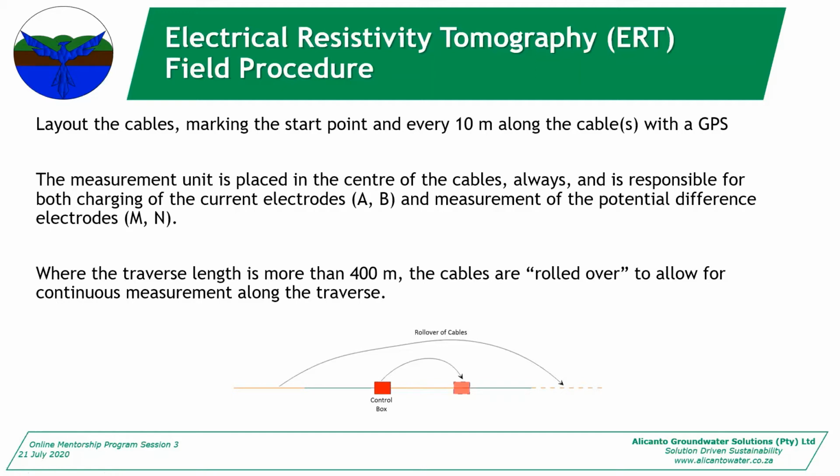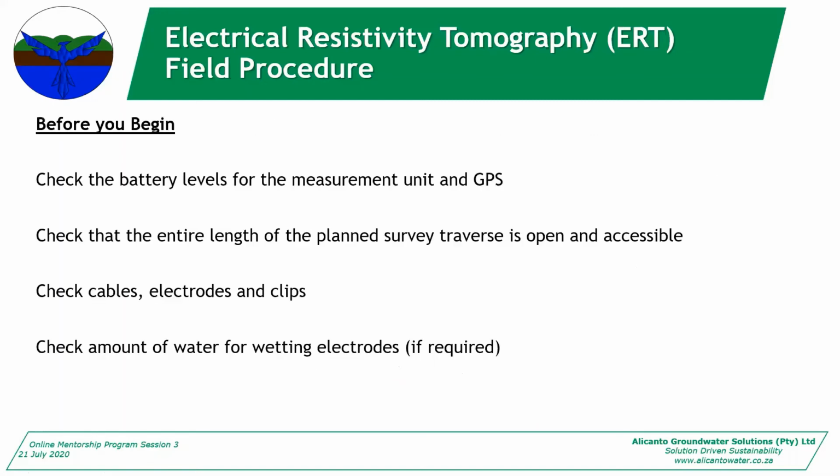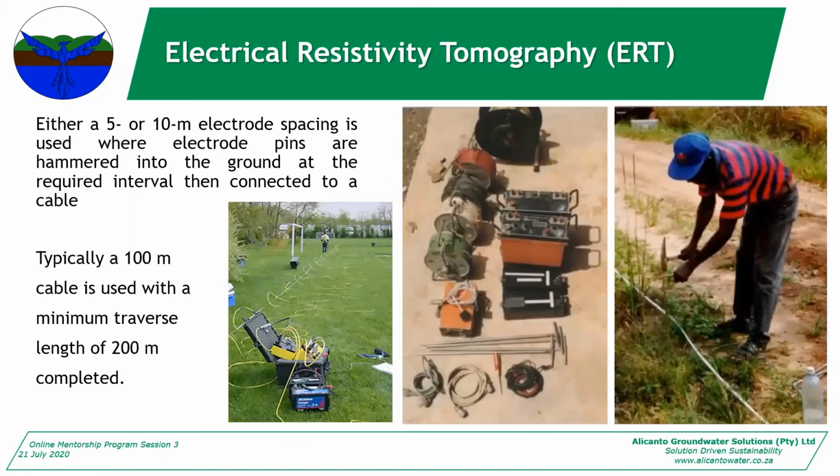Matthew, I have a question. Where the control box is, is that where M and N are measured? No. Your M and N are on your coils. That's at the electrode. So if you go back to this, you see these are your electrodes here.